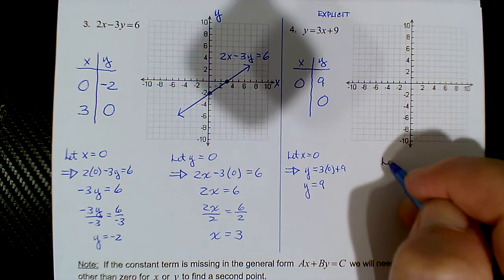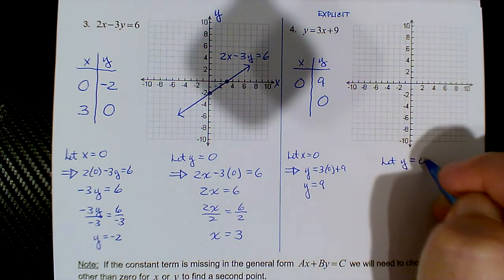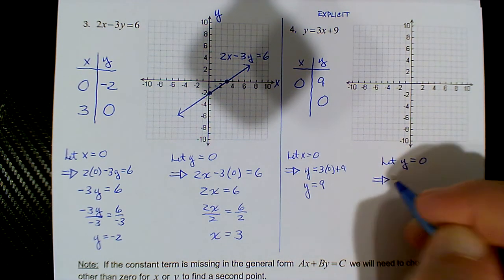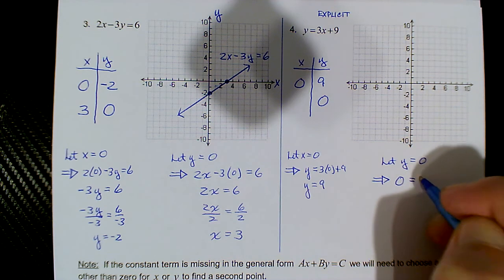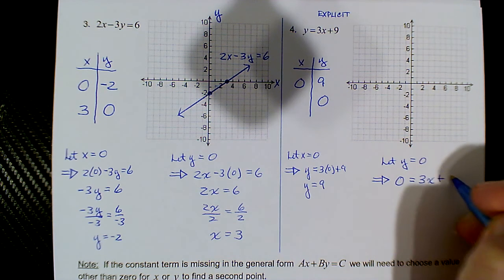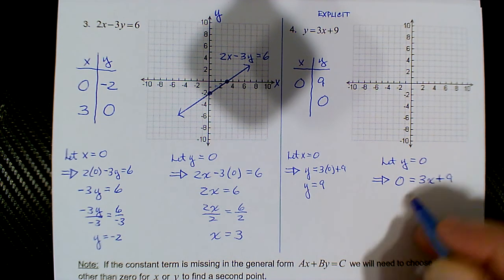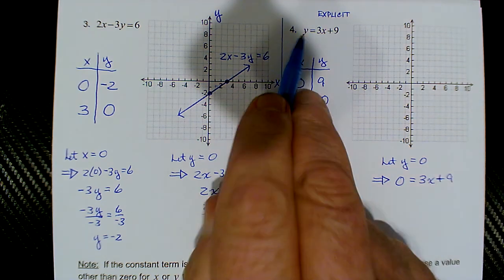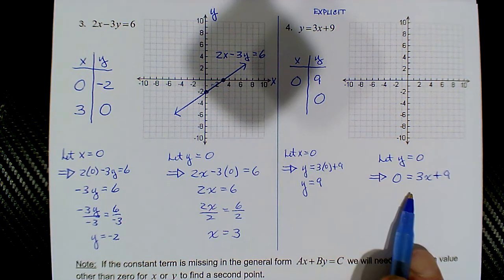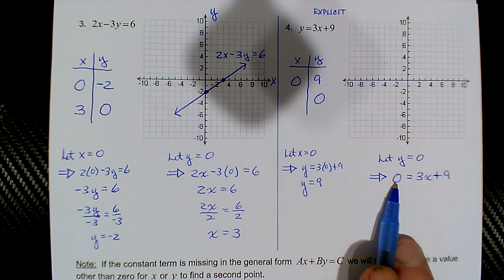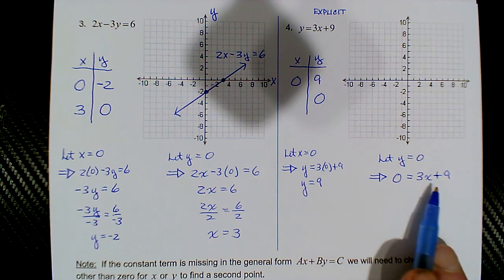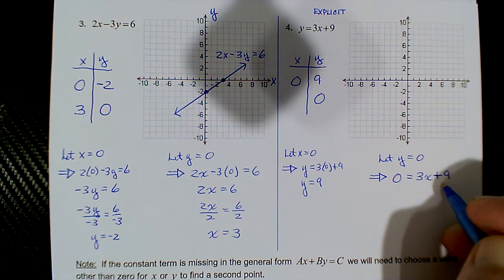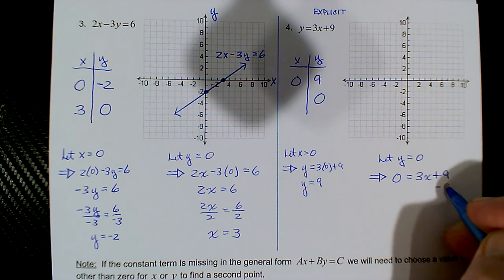And then if we let y equal 0, then we get 0 equals 3x plus 9. There, the 0 you needed to show, because it is an equation, and there's nothing left on that side. So we have to put a 0 in. And now we need to solve for x, so this is a 2-step process.